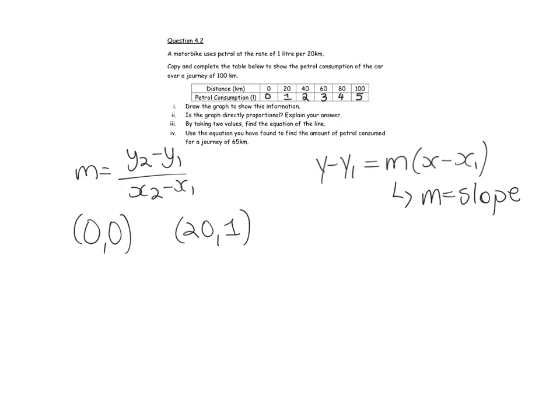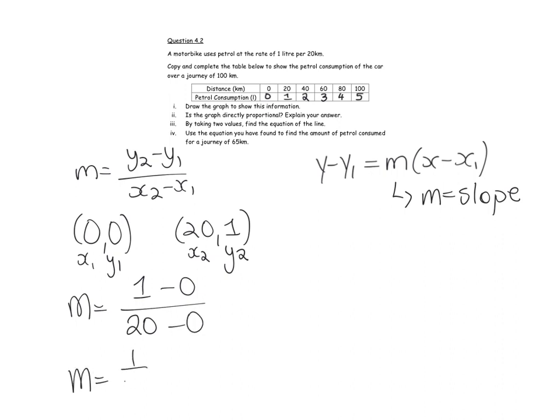So this is going to be x1, y1, and this will be x2, y2. So to get the slope, it's going to be y2, which is 1, minus y1, which is 0, over x2, which is 20, minus x1, which is 0. So the slope for this one is 1 over 20.